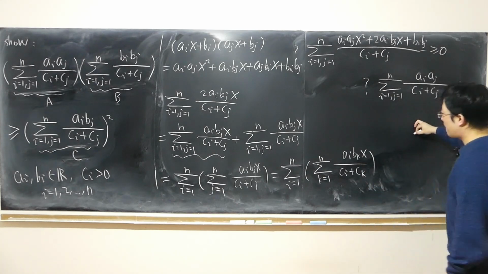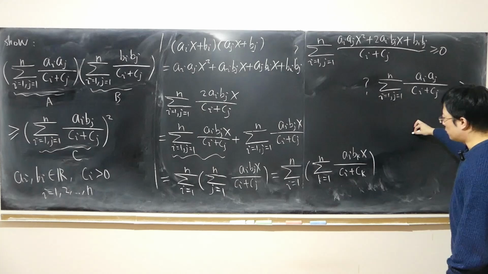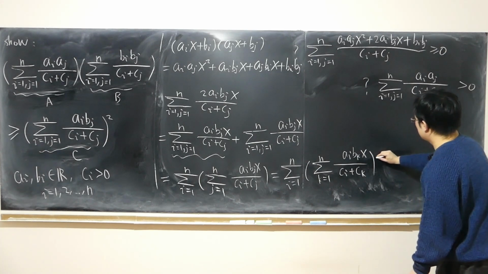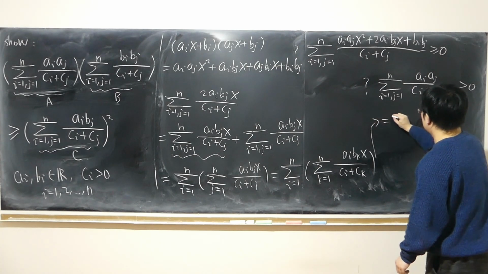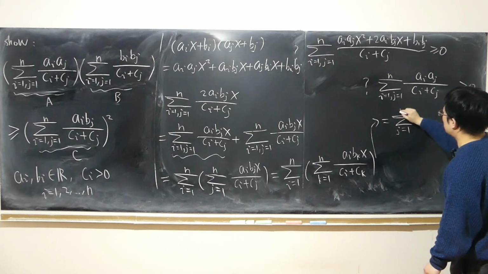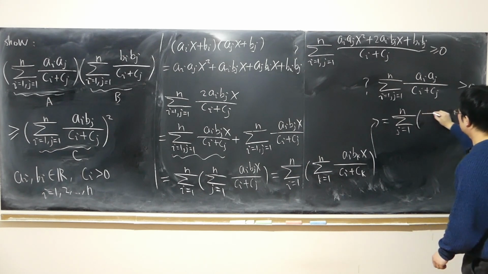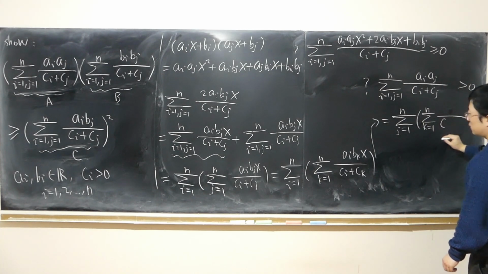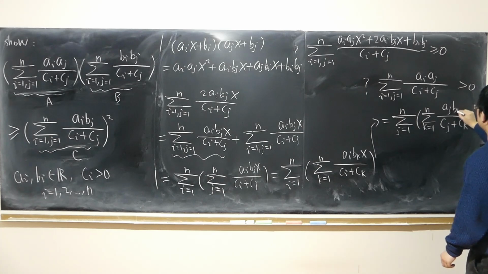Right? Now we change i into j, j from 1 to n, k from 1 to n, 1 over cj plus ck, aj bk. Right?